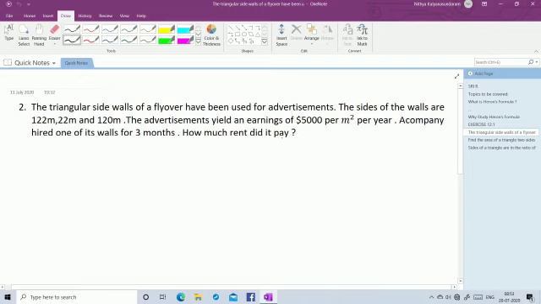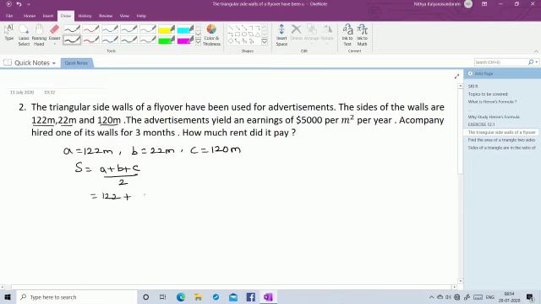So the sides are given: 122 meter, 22 meter and 120 meter. First you need to find the area of the triangle. So A is equal to 122 meter, B is equal to 22 meter, C is equal to 120 meter. First calculate S. S is equal to A plus B plus C by 2.